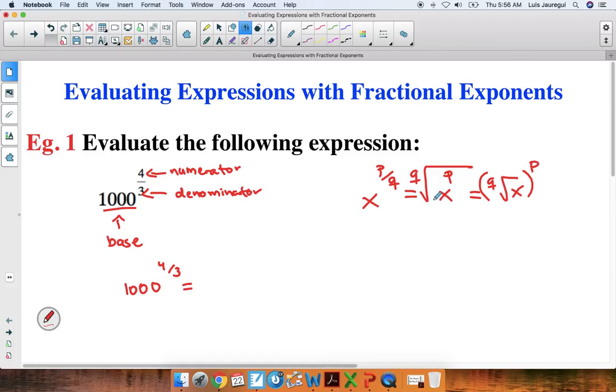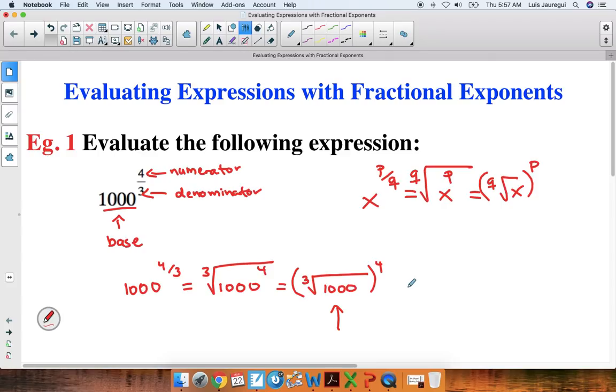We're going to rewrite it in these two approaches, and then see which one is more convenient for us. So we can say, here we have 1000 raised to the 4th power under the cube root, or we can say we have the cube root of 1000, raised to the 4th power. Now, in order to evaluate, I'm going to utilize this second part because it's faster.